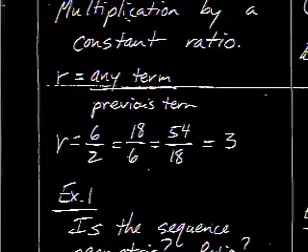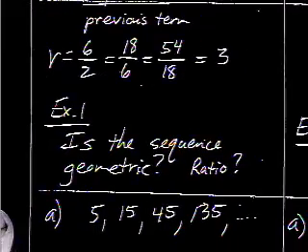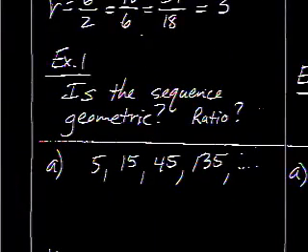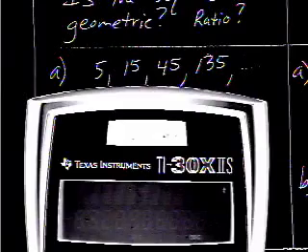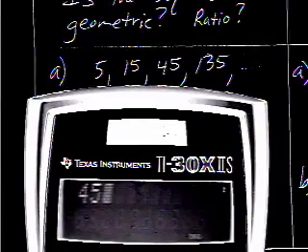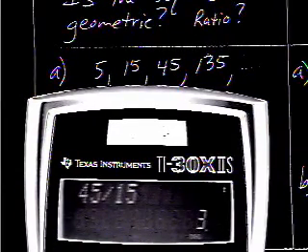So there's an example in the book where they ask, is this sequence geometric? And if it is, then what's the ratio? So we're taking a look at this particular example. 15 divided by 5, that's 3. 45 divided by 15, that is also 3.